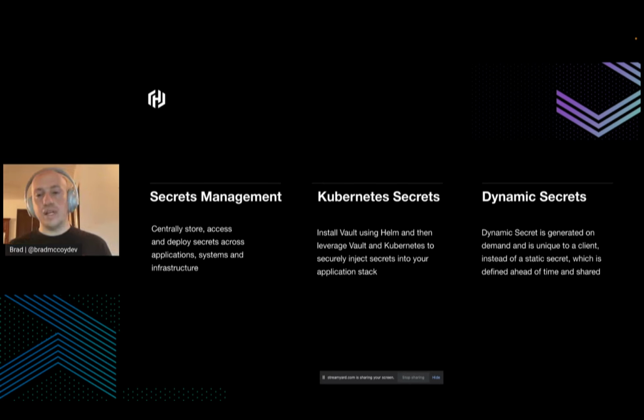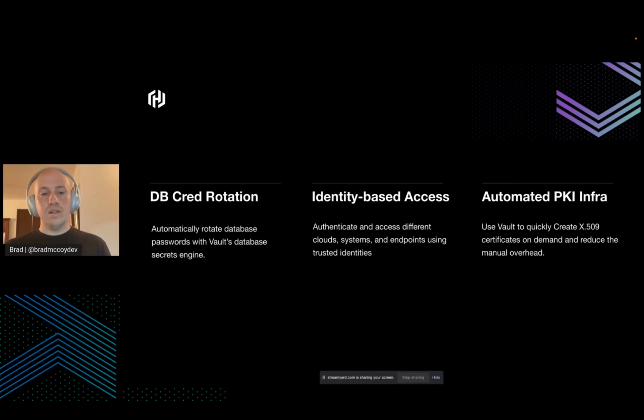We also have dynamic secrets. A dynamic secret is generated on demand, and it's unique to a client, instead of a static secret, which is defined ahead of time and shared. If you jump on the videos, you can see that they talk a lot about moving targets. So it's getting short-lived secrets, and the hackers will never really get you because you're always changing and moving around. You can also use it for DB cred rotation.